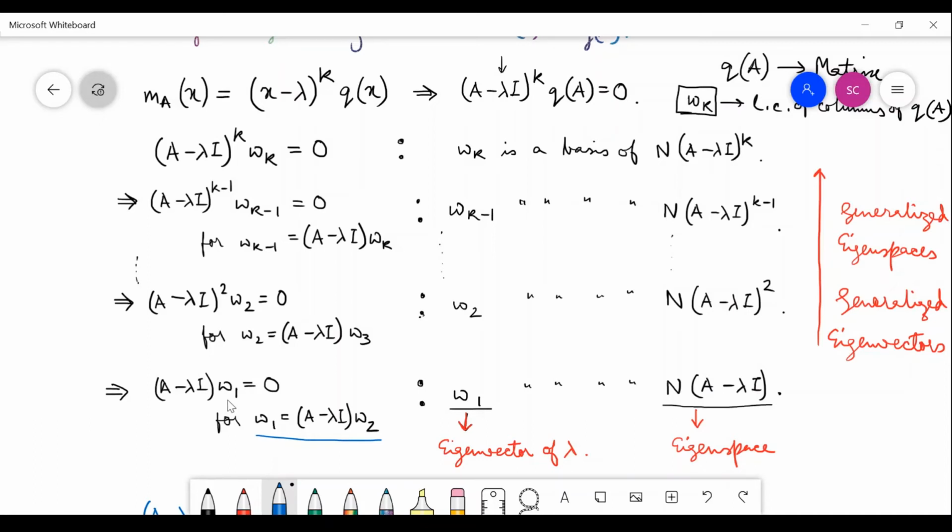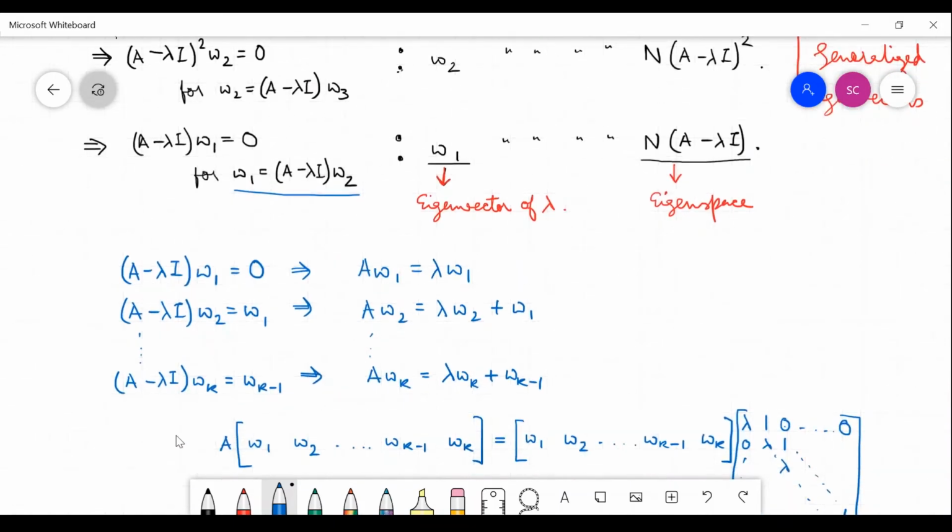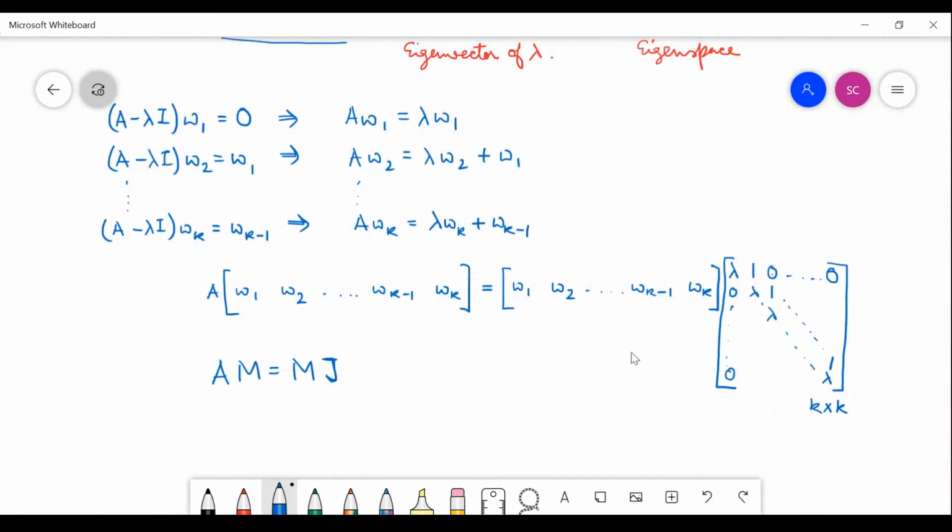So if my geometric multiplicity is 1, then this is the only block possible.